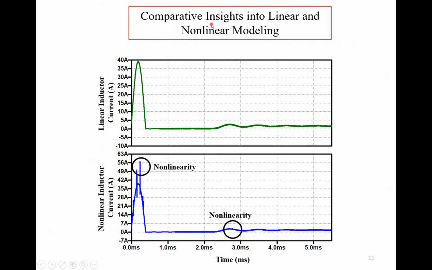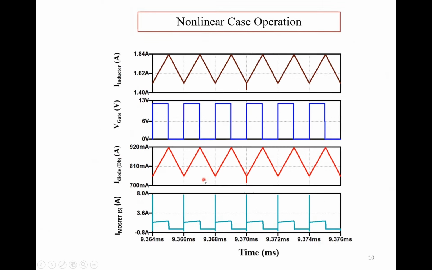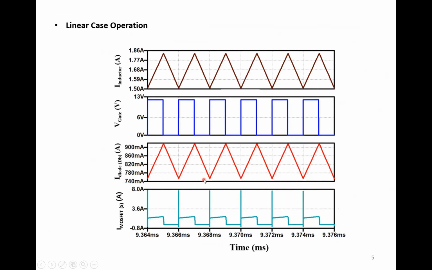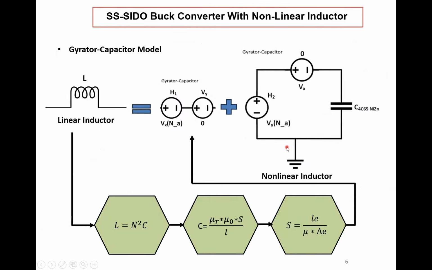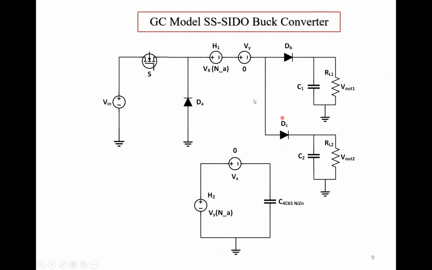So this is the comparative insight between the linear and nonlinear model. This is the linear one, and this is the nonlinear one. The linear one we got from this circuit, and the nonlinear one we got from this circuit.